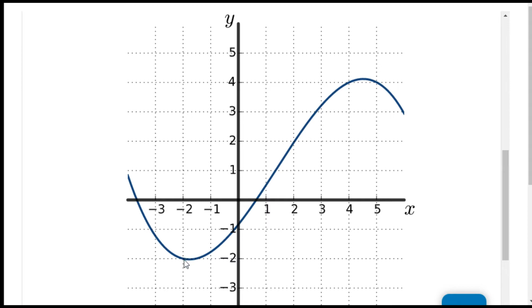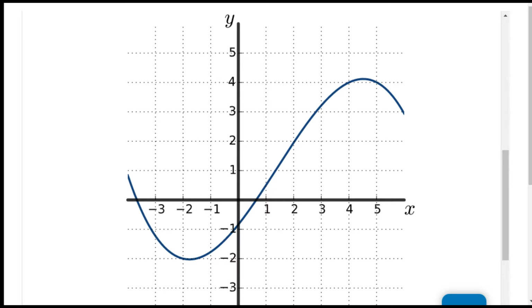So I would imagine that we are expected to believe that right there at -2, the f of -2 is also -2 because it would go right through those crosshairs. So I'm just going to note that f of -2 is -2, and then they would have us believe that when x is 4, f of 4 is also 4.